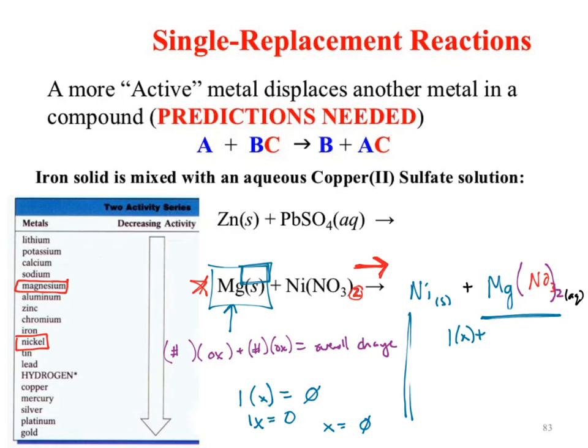The element. And the oxidation state for the element. Is nitrate an element? No, nitrate is a polyatomic ion. So I want the element. I don't want nitrate. I want nitrogen. How many nitrogens are there? 2. Times the oxidation state of the nitrogen.